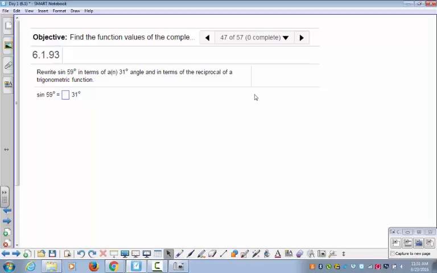It's clear that 59 and 31 are complementary angles. All they're wanting us to do here is say sine of 59 is the same as the cofunction of the complement. So cosine is what's going to go in there. Not too bad.